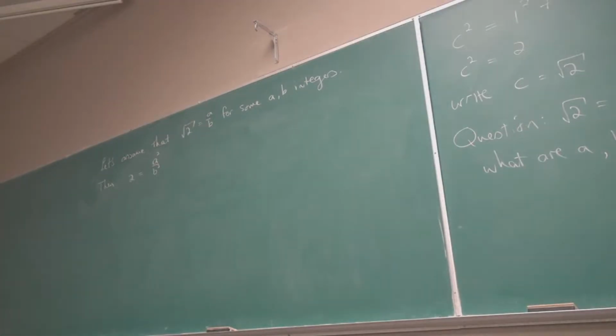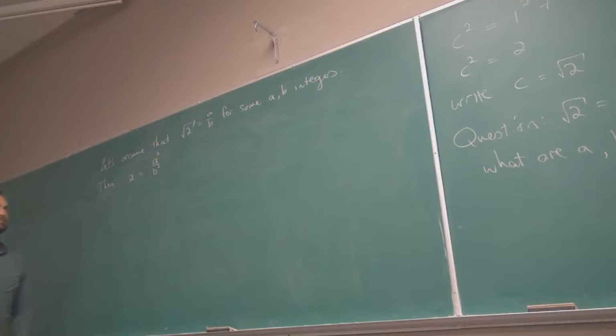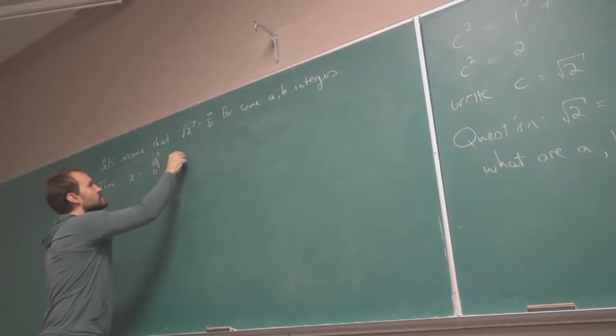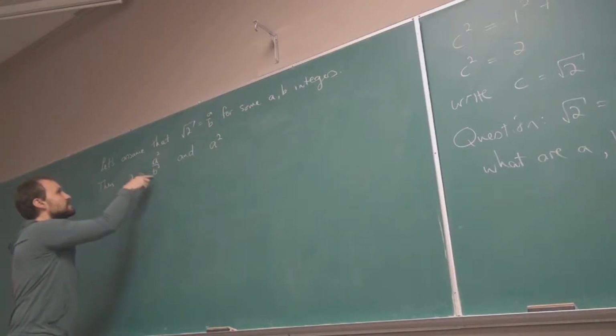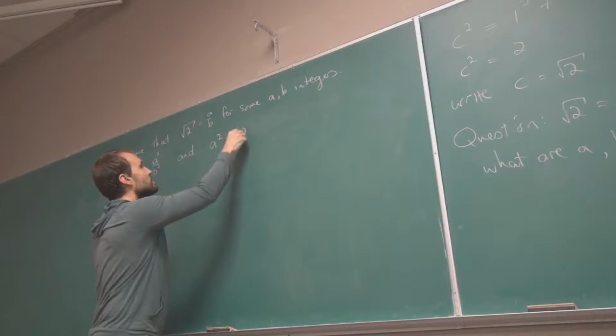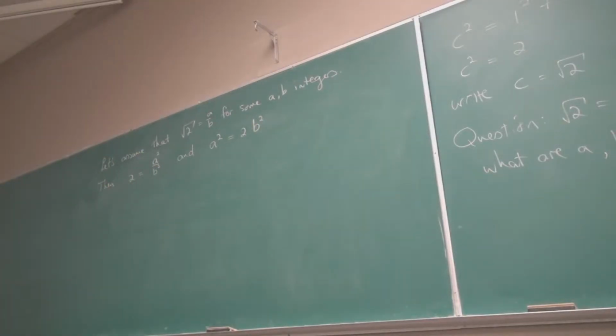Now stop me if something doesn't make sense. I want you to sort of follow it, but there are little bits that may make you uncomfortable. If something is equal to something else, then the square of that is equal to the square of that, because they're the same, equal means the same. So I can then say here that a squared, by multiplying both sides by b squared, is 2 times b squared.